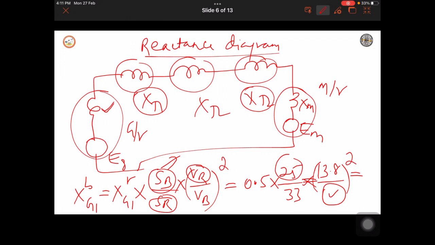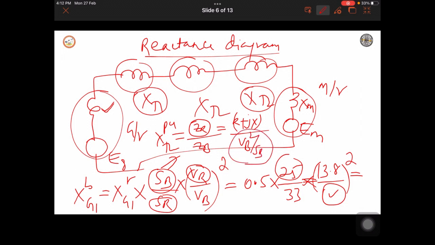For the transmission line, since it won't have any power rating, the formula for transmission line per unit calculation is actual value divided by base value, ZB, ZR. We know ZR, R plus jX we found, write that, and VB square by SB is the formula for ZB.